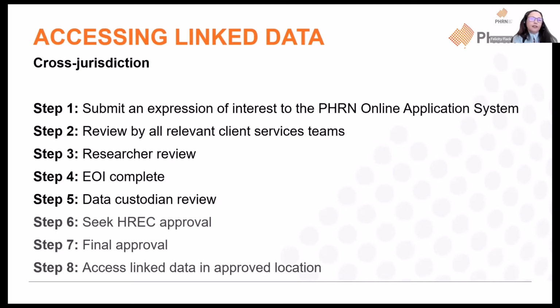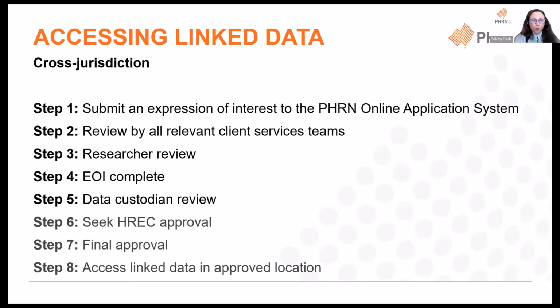If you want access to cross-jurisdictional data, it gets a little bit more complicated, but we are trying our best to streamline that process and make it as easy as possible. But in this case, you submit, in the first instance, an expression of interest through the PHRN online application system.